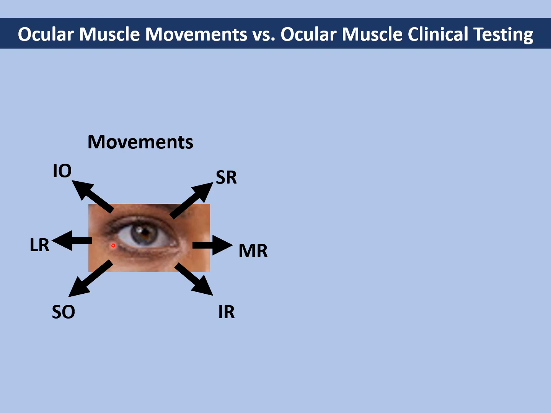The lateral rectus and medial rectus are apparent, and then the superior oblique depresses and moves the gaze laterally, abducting the gaze, and then the inferior rectus adducts the gaze.